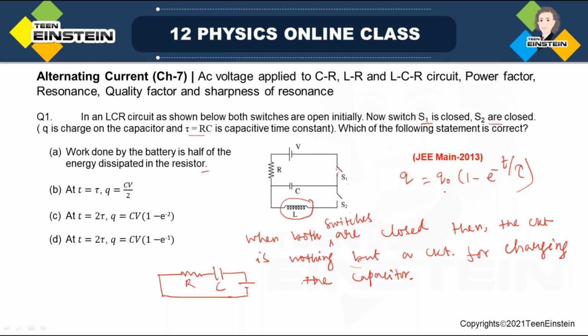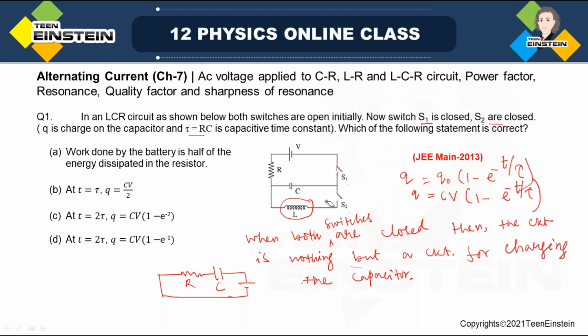So Q means CV, and Q0 means CV here. C is the capacitance and V is the total voltage. So let us write this as CV, because this is the equation while charging happens in a capacitor.